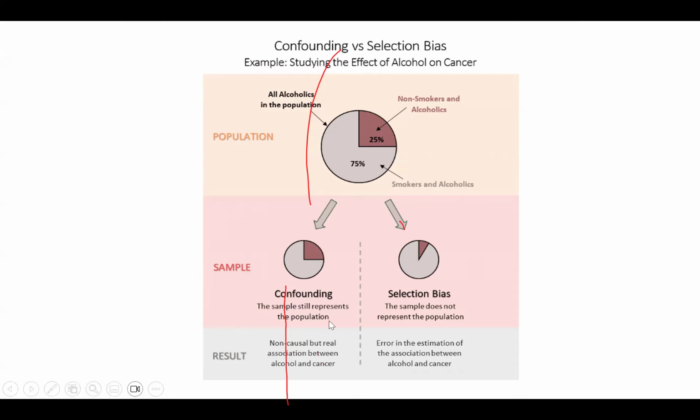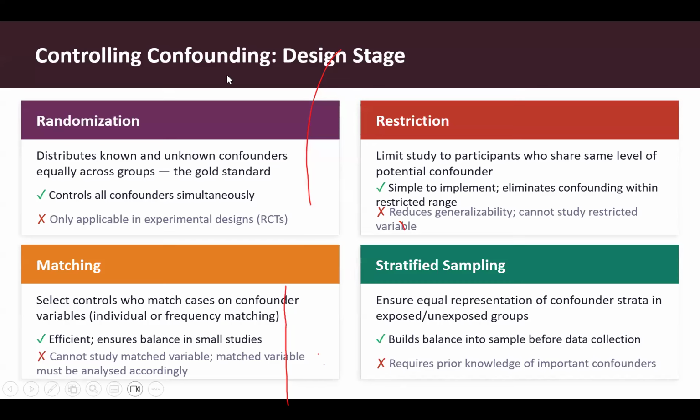The sample still represents the population, and in selection bias, the sample does not represent the population. There is no causal but real life association between alcohol and cancer in this kind of sample selection, whereas there is error in the estimation of association between alcohol and cancer. So selection of the right sample or representative sample is very important also.